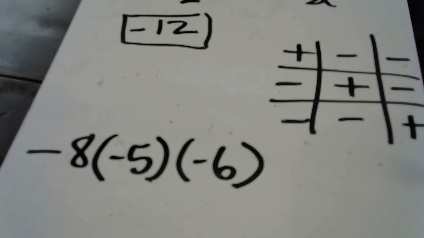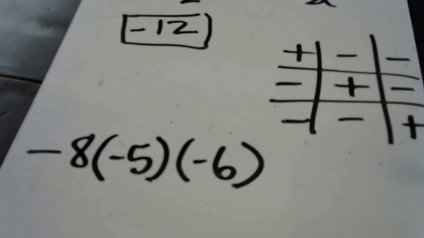If you have an odd number of negative signs, then your answer is going to be negative. I can see that I have 1, 2, 3 negative signs. That 3 is an odd number, so my answer is going to be negative. I already know that, because that's how I was taught.